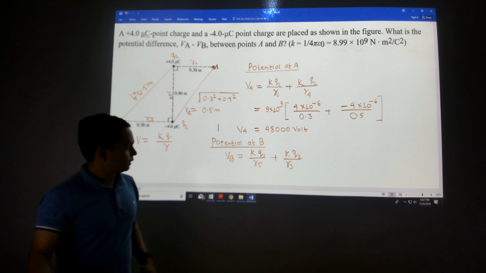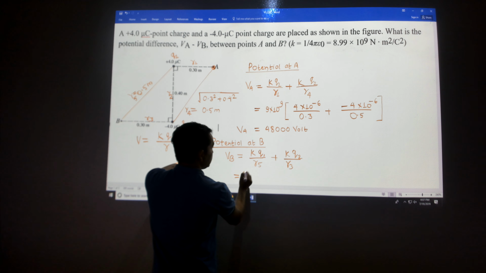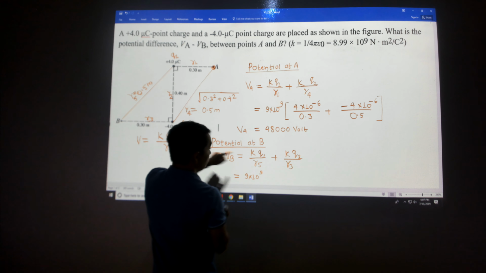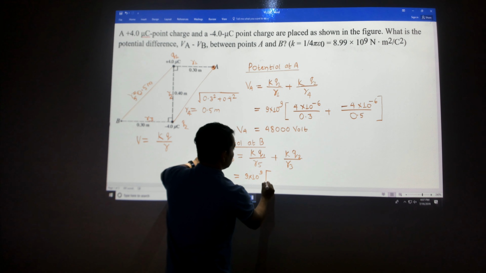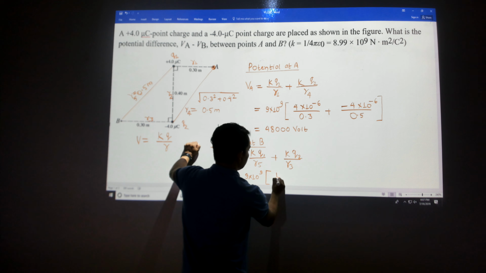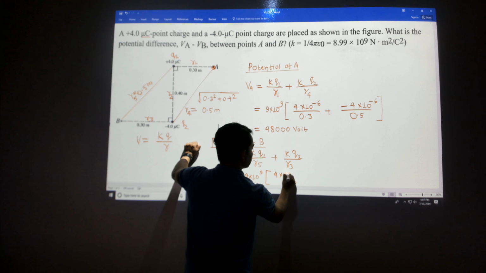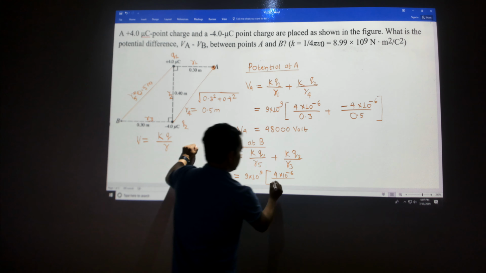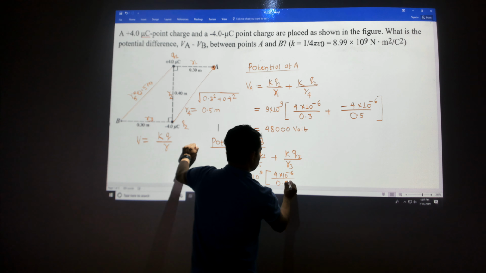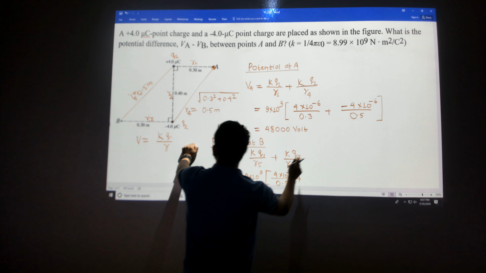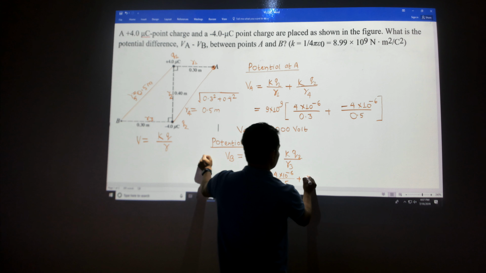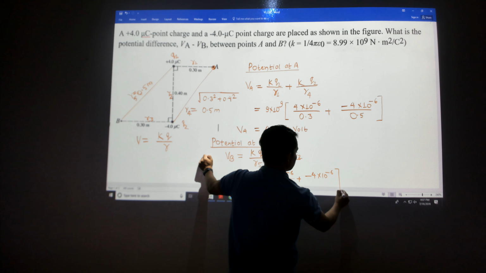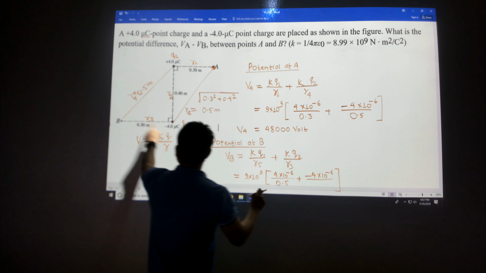Plug in all the values now. K is 9 times 10 to the 9, and Q1 is 4 microcoulomb, 4 times 10 to the negative 6, and distance R5 is 0.5 meter, plus Q2 is minus 4 microcoulomb, and R3 is 0.3 meter.